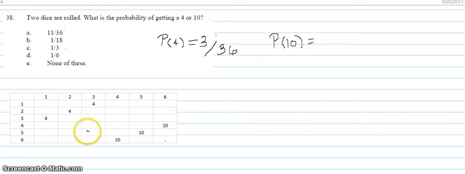That will give you a combination of 10. Both dice can roll a 5, which will give you a combination of 10. Or one dice can roll a 6 and the other one will roll a 4. So again, we have 3 out of 36.